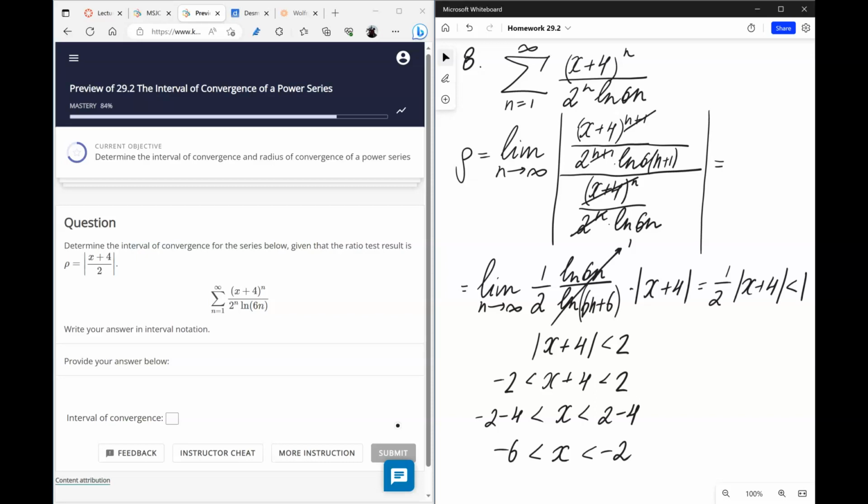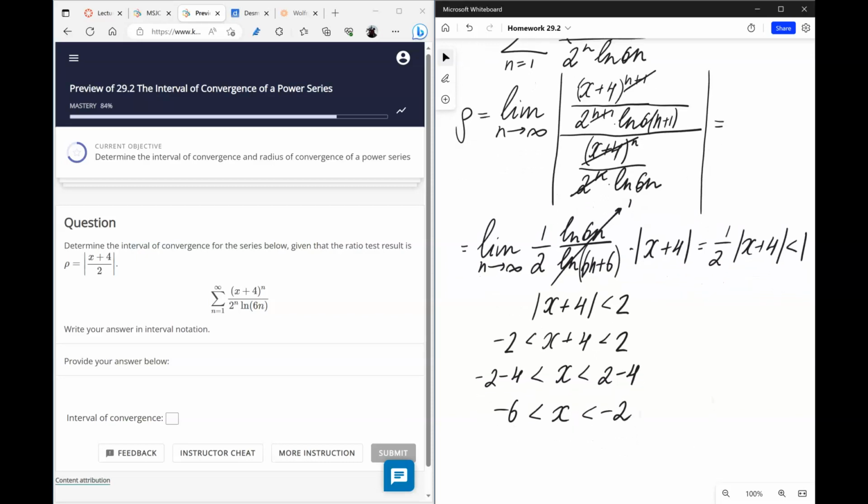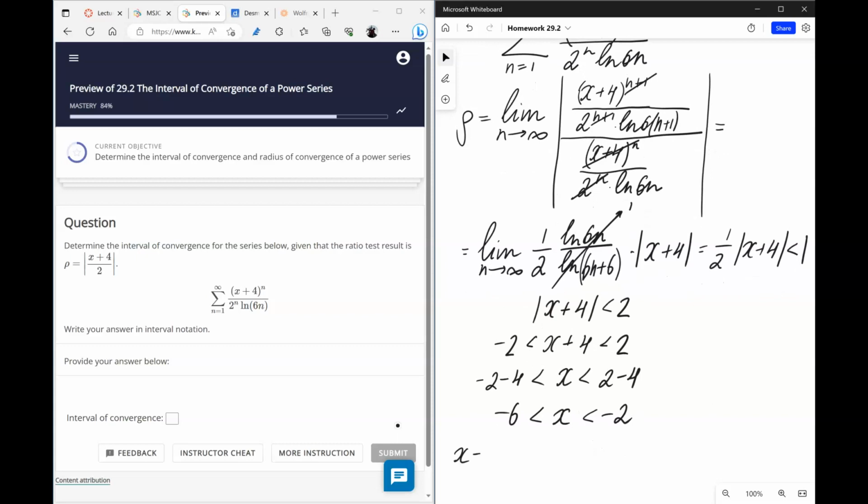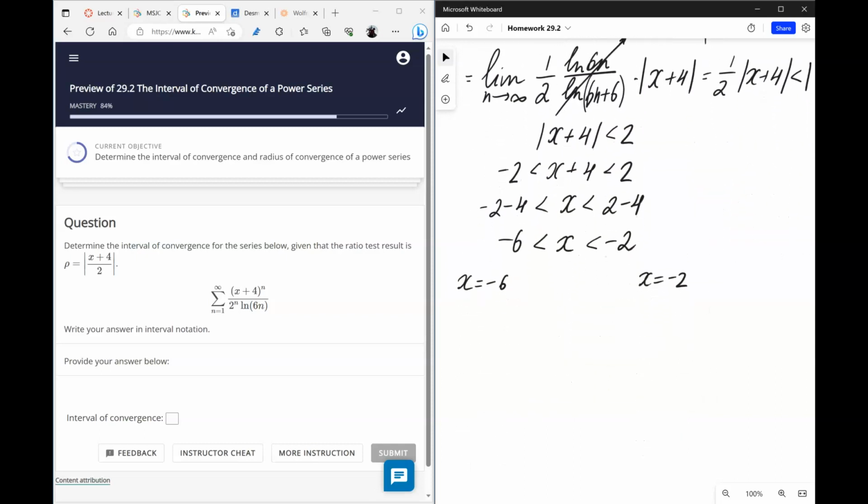Now, to finish this problem, we have to take the values -6 and -2 and plug them back into the original series. So when you plug in -6 into the original series, you end up with -6 plus 4 to the power n divided by 2 to the power n ln of 6n.